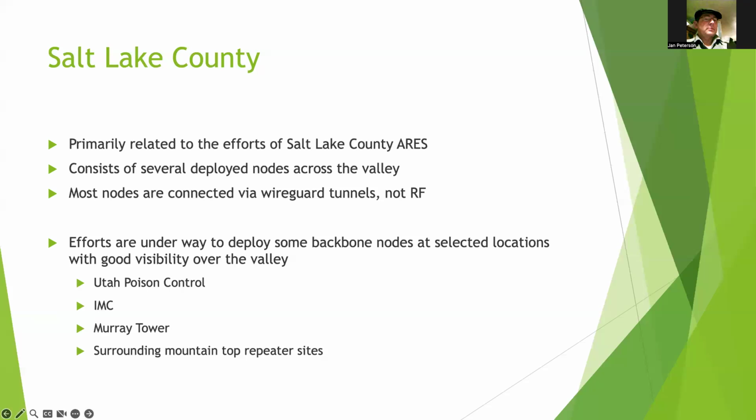Although the last time I looked, it wasn't there, so his node must be offline or something is messed up with it. But as far as I'm aware, that's the only active RF link that's up full time. We're working to change that. We're trying to deploy some backbone nodes at selected locations that have good visibility over the valley. The hardware for this typically consists of dishes, sector antennas, or omnidirectional antennas.